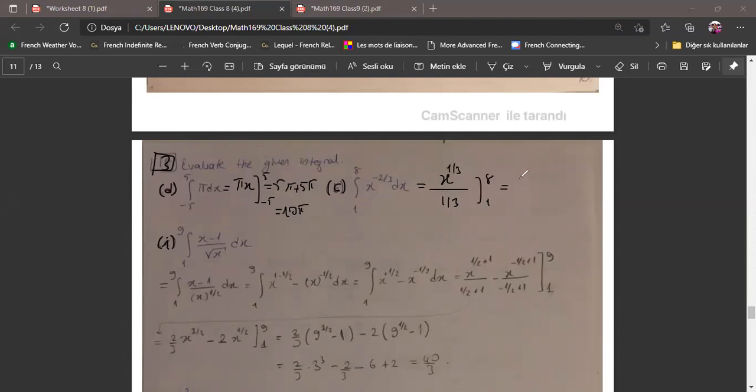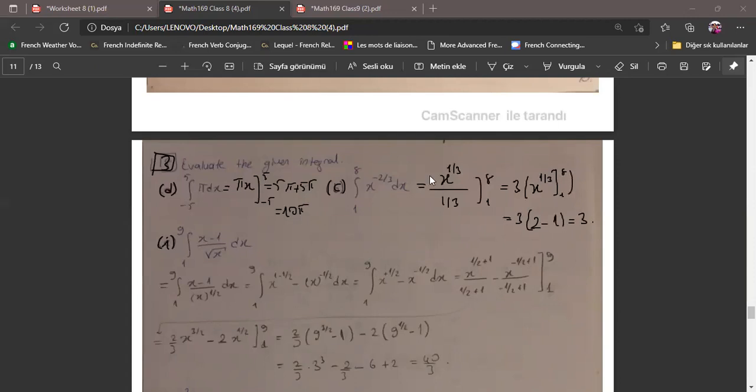So we have in the parentheses, this 1 over 3 will be 3 there. So we evaluate this one, right? From 1 to 8. If you plug 8 there, as we have 1 over 3, we will get 2. And if you plug 1, you will get 1. So we have 3, right?